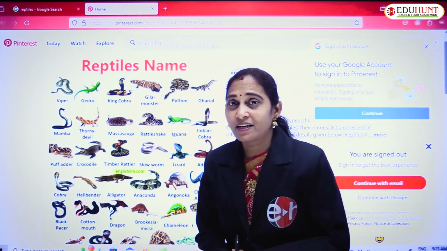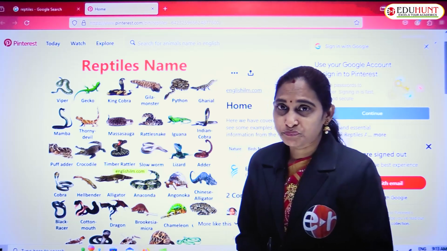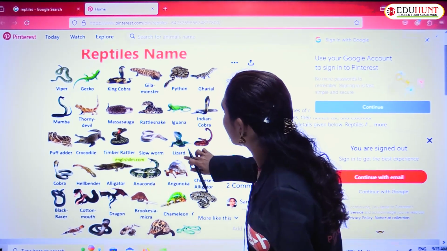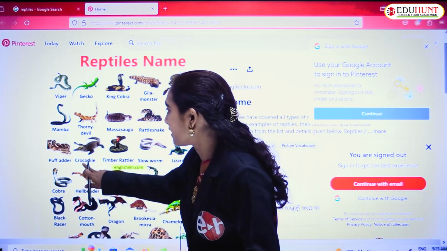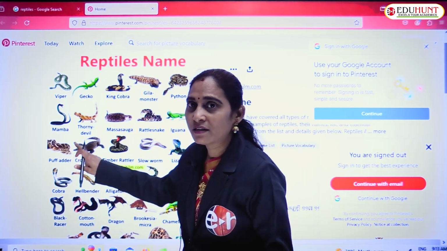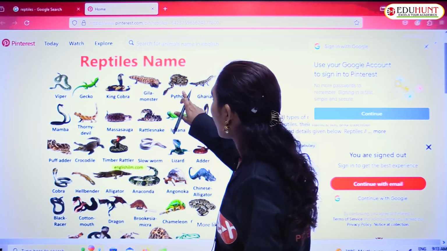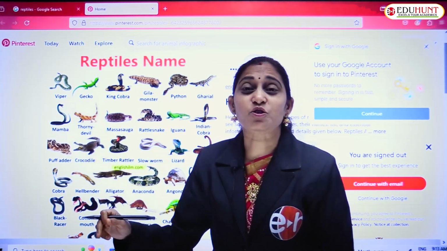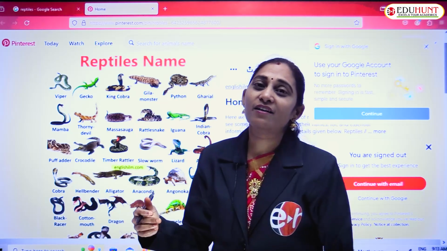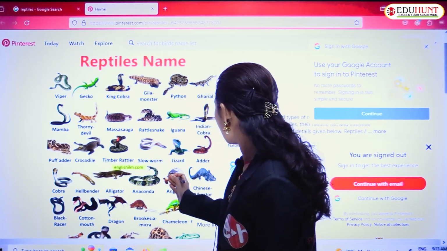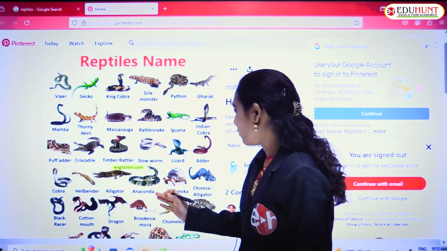And alligator, crocodile, python, viper, the garden lizards, so they are reptiles. What are the common examples that you know?